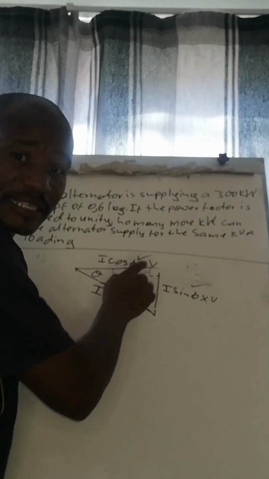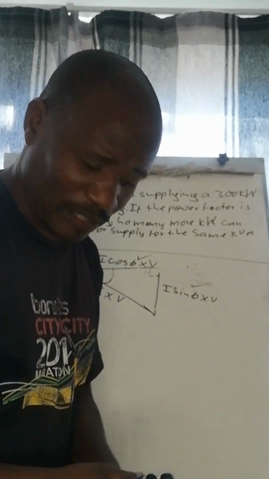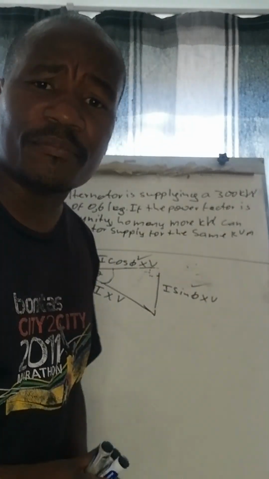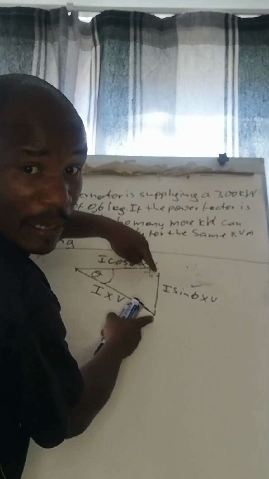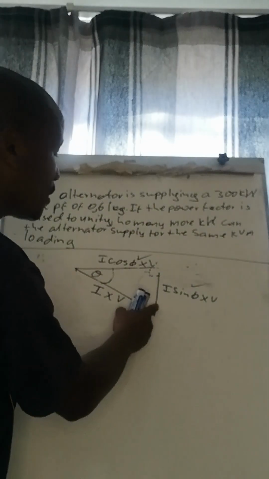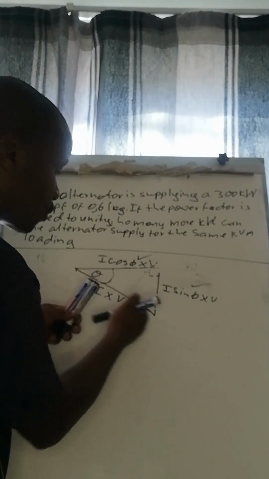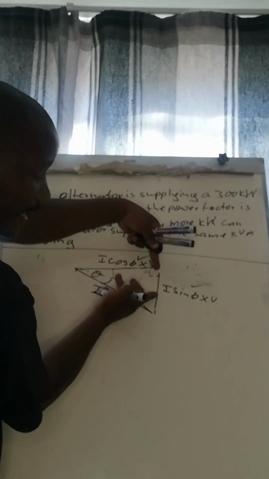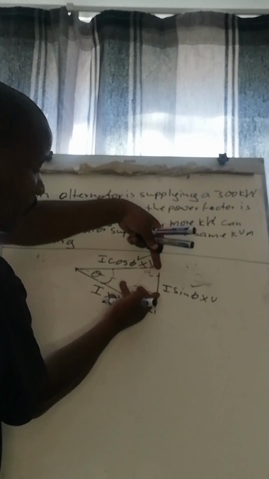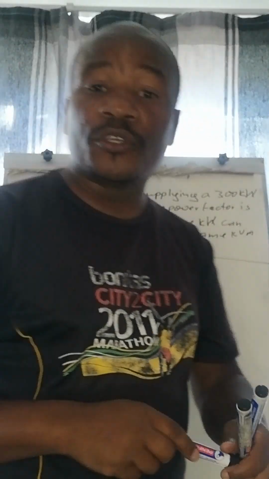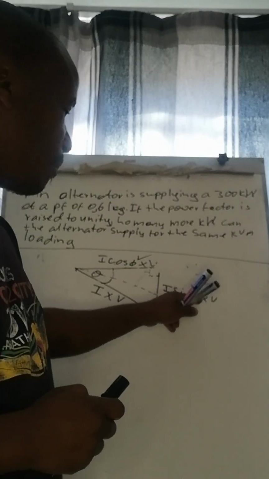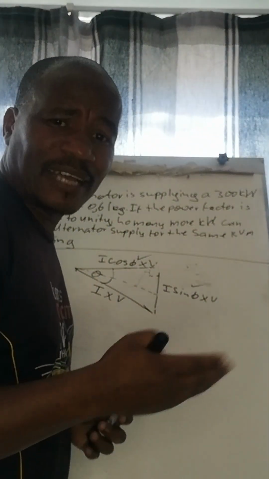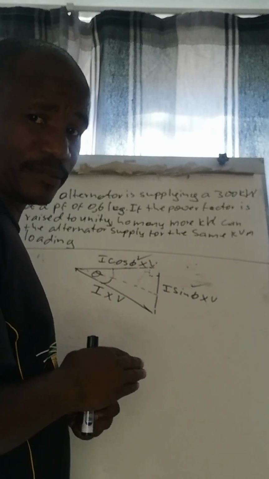This active component, before and after power factor correction, will remain the same. Only this one, after power factor correction, will change. If it was here, it's now gonna be there. It will become smaller because the capacitor will only consume this reactive component, which is useless. Actually, it does nothing. It just causes unwanted heat in the power system.